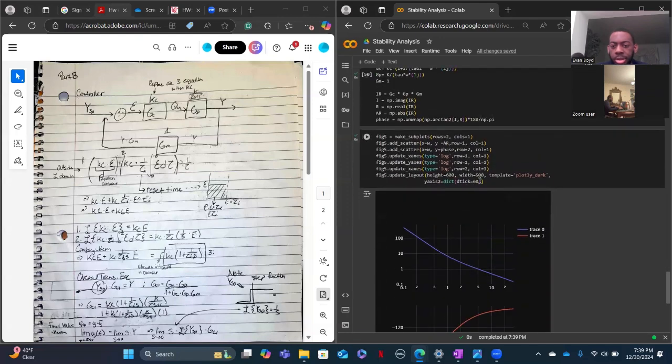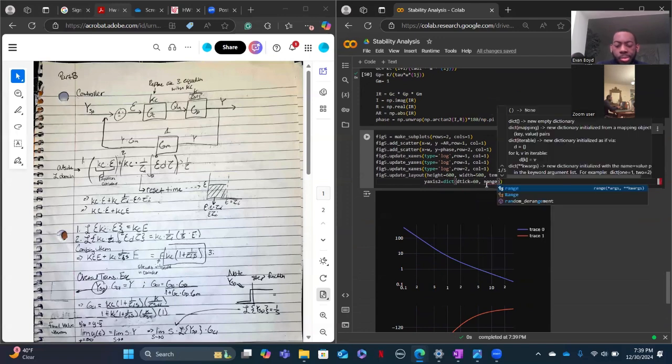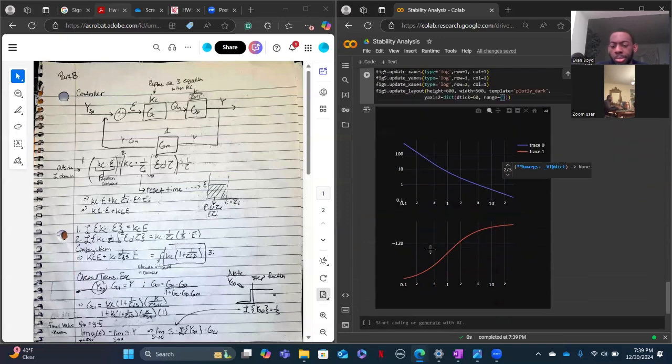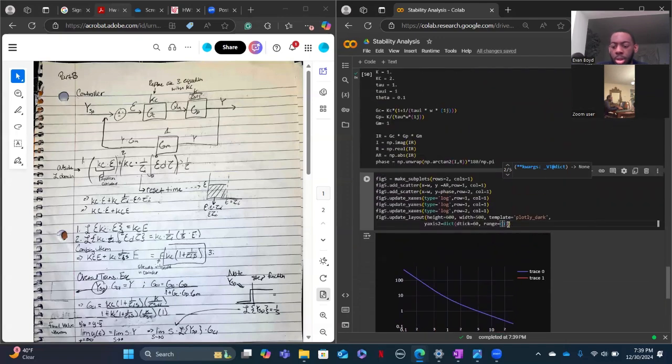Let me space out the range. Range is equal to, let's do negative 270, sorry, mine went to a blank, to 0.